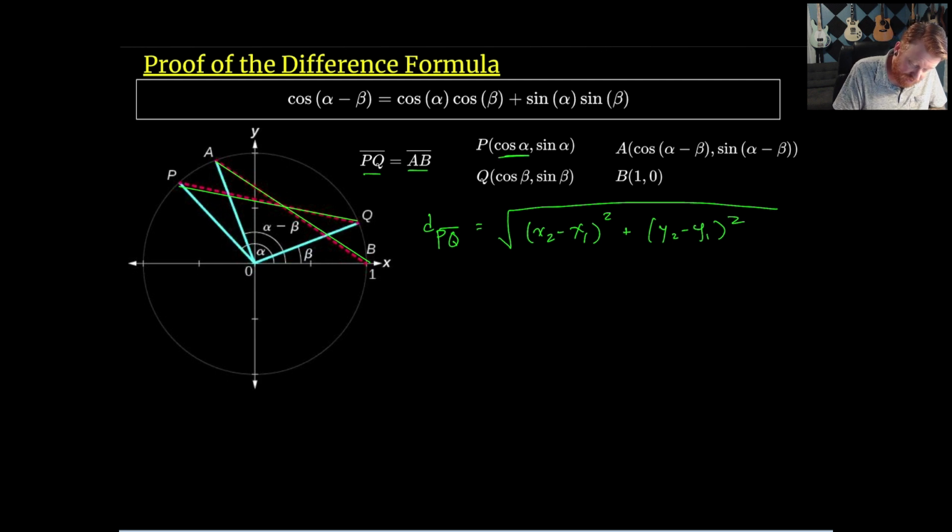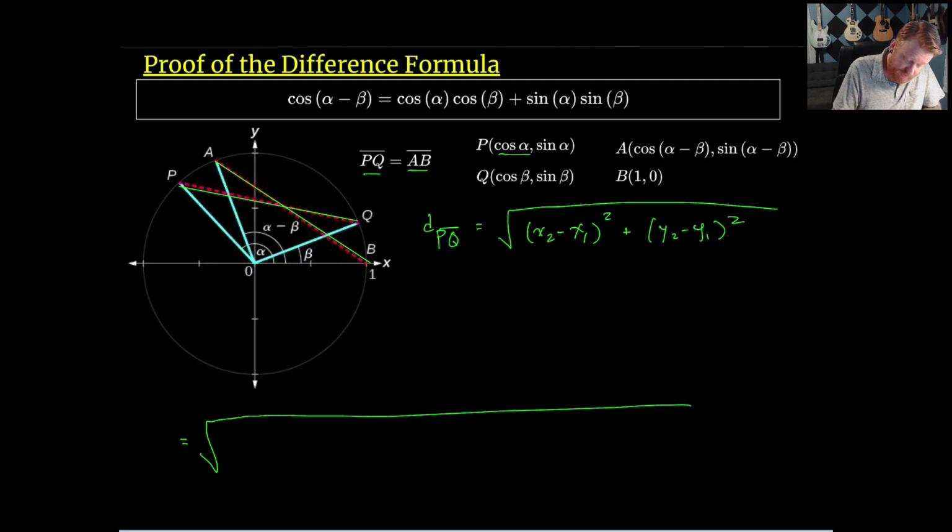So my x values here are going to be cosine alpha and cosine beta, and my y values are going to be sine alpha and sine beta. So we're just going to get those plugged in here. I'm going to use the bottom of the screen and then make things smaller and move them up just to give myself some more space to write here. What we're getting is the square root of my x values. My x2, we can call that cosine alpha.